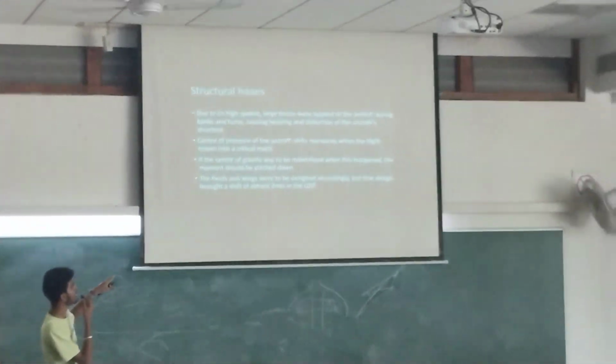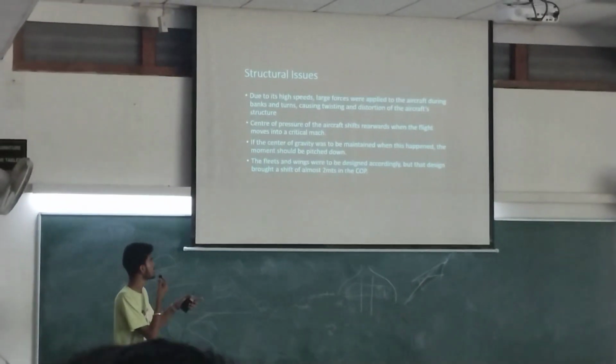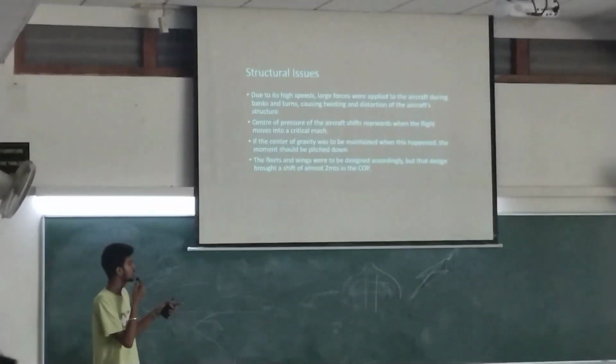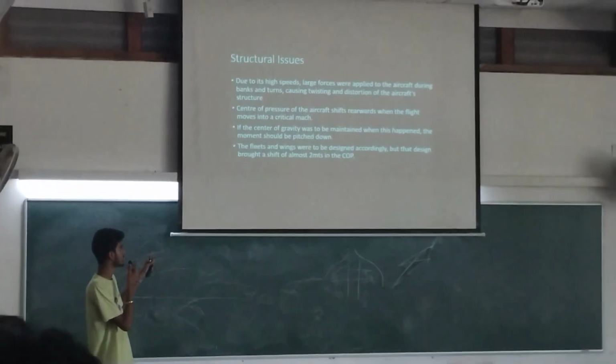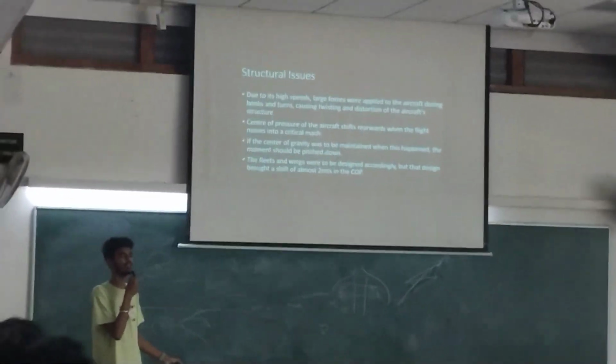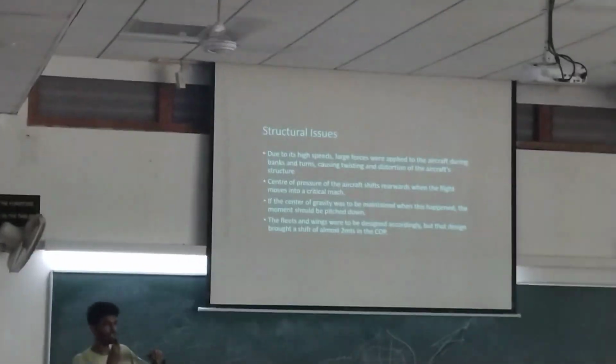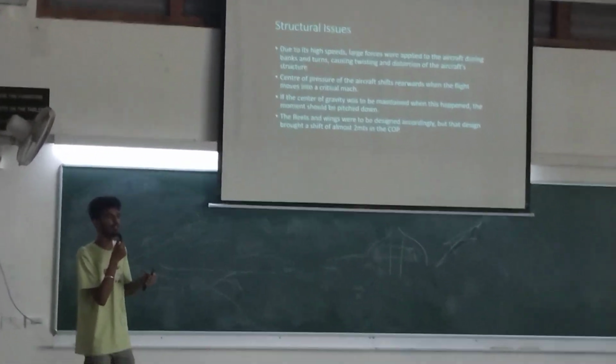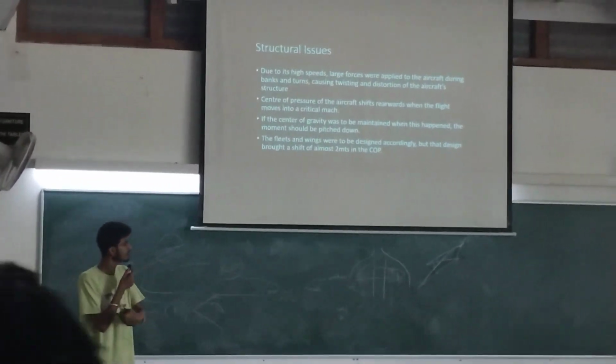In order to ensure that, they try to redesign the blades and pleats. Still, only 2 meters of center of pressure shift was able to be maintained. It sometimes went over that, so the bending of nose, very mild bending, also was caused due to this.